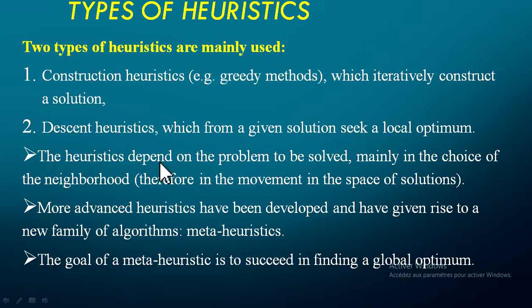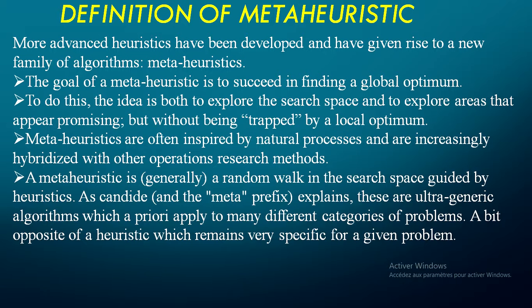The heuristic depends on the problem to be solved, mainly in the choice of the neighborhood, therefore in the movement in the space of solutions. More advanced heuristics have been developed and have given rise to a new family of algorithms, which is meta-heuristics. The goal of meta-heuristics is to succeed in finding a global optimum, which is an optimal solution.